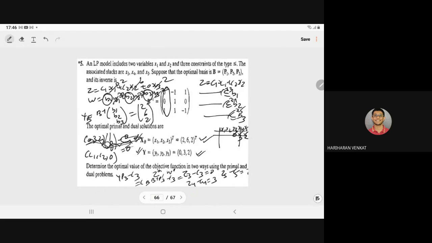Here we have the B inverse, and P1 is 1, 0, 0, minus c1, and that is equal to 0. So from here you will get the values of C1, C2. Similarly, C1, C2, 0, B inverse P4 minus c4 is equal to 3, and similarly CB B inverse P5 minus c5 is equal to 2.